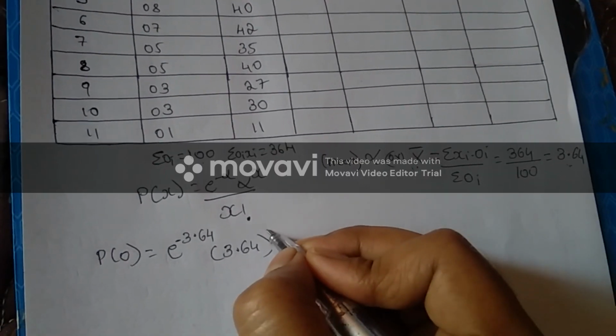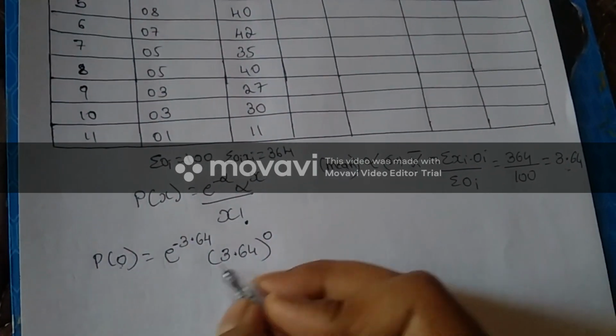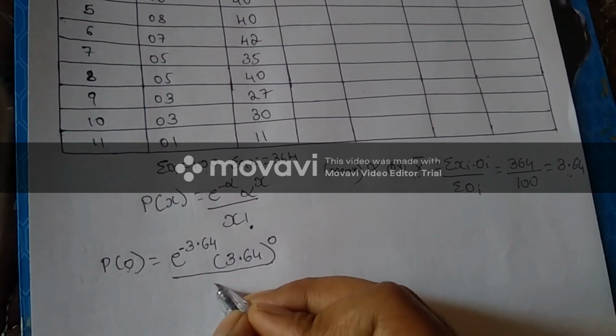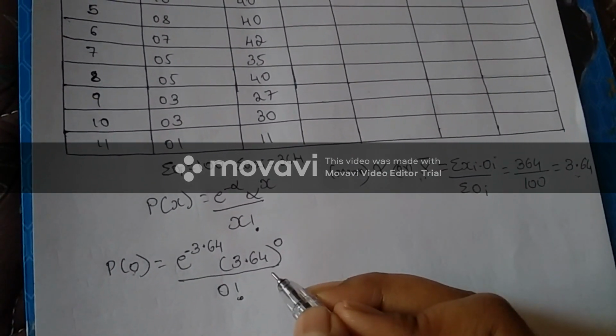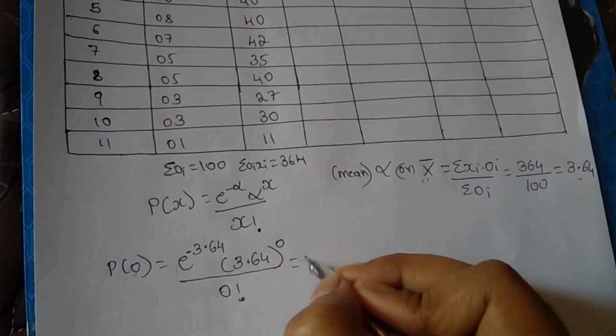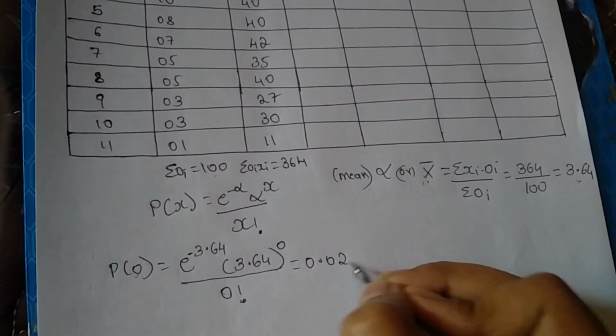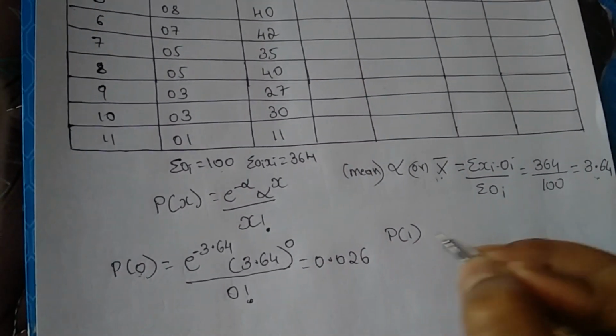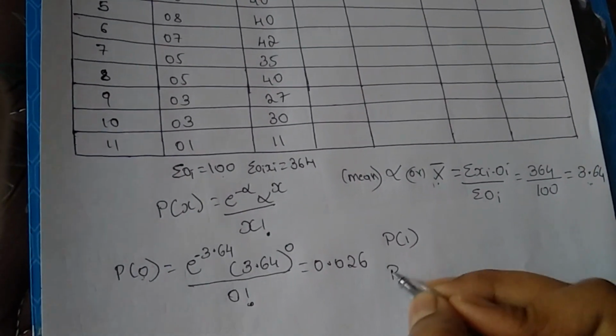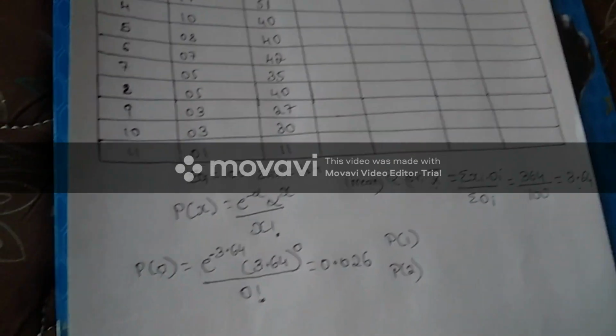What is this x? 0, because in place of x I am taking 0, divided by 0 factorial. 0 factorial is 1. You will get 0.026. In the same way, we have to calculate for P1, P2, P3, all the things.